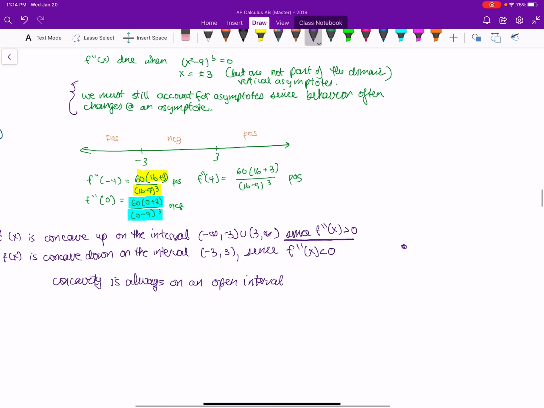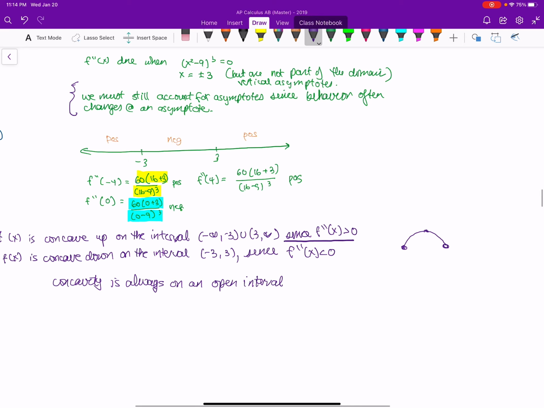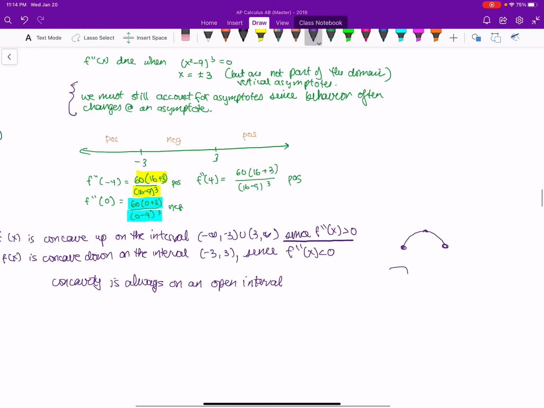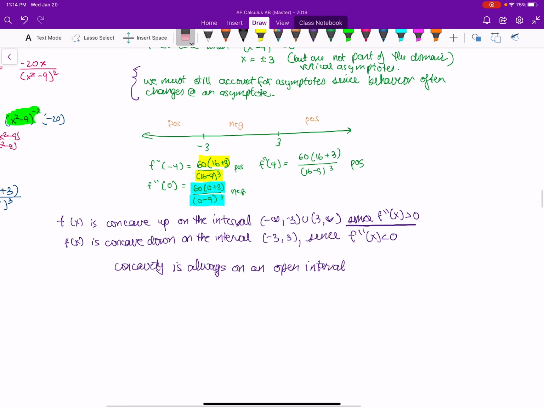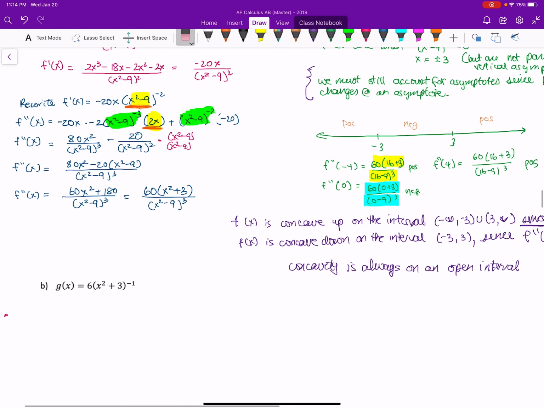We're seeing if we're going up and then back down to a third point. That's why you can't have concavity at an endpoint, because at an endpoint, I would need to know what happens on the other side of that endpoint, and there's nothing there. So therefore, we can't determine concavity at an endpoint. It's always comparing 3 points, whereas for increasing and decreasing, you can do that because it's only comparing 2 points.